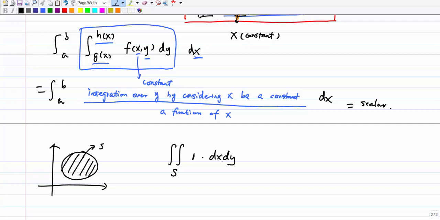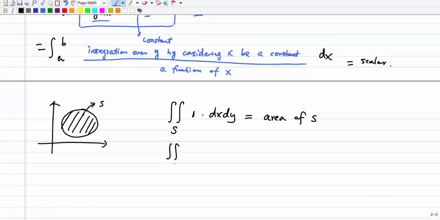The meaning is the same as the area of S. Similarly, if you integrate any number, like 10, times dx dy over S, it's just 10 times the area of S. The physical meaning is that you look at each small piece.